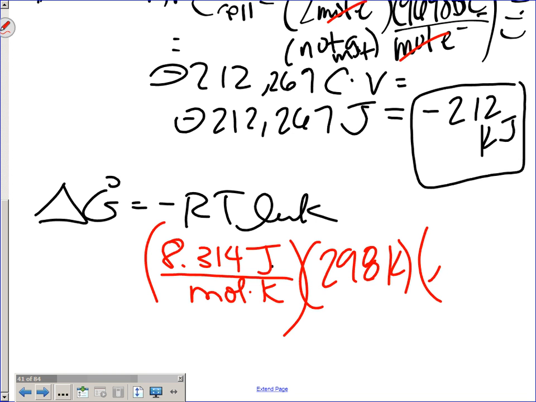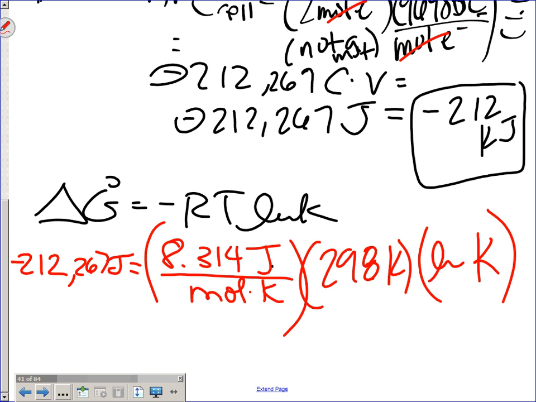And then ln of K, what would this value over here be, if you're using your units appropriately? Negative 212,267, the big number up there. Or you could convert this to kilojoules and use your 212. Just make sure you're consistent there. How would you then calculate K?